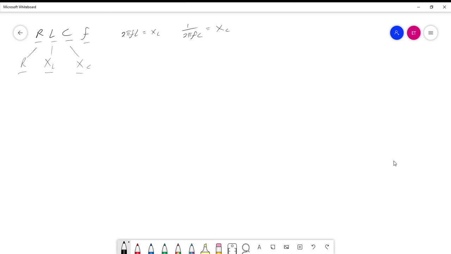And of course, XL and XC cancel. But let's draw this. Okay, so you're going to have a certain amount of XL. You're going to have a certain amount of XC. You're going to have a certain amount of R. And we represent that with these vectors, because that is the relationship they have to each other.